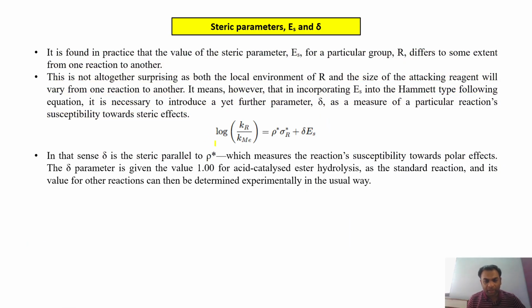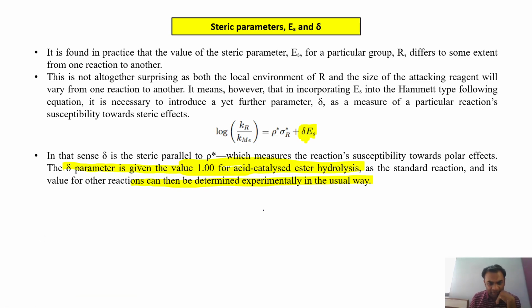The modified Hammett type Taft equation is log of Kr upon K methyl equals rho star into sigma star R plus delta into ES, and the values of rho star and delta can be determined experimentally. The delta parameter is given the value 1 for the acid catalyzed ester hydrolysis.